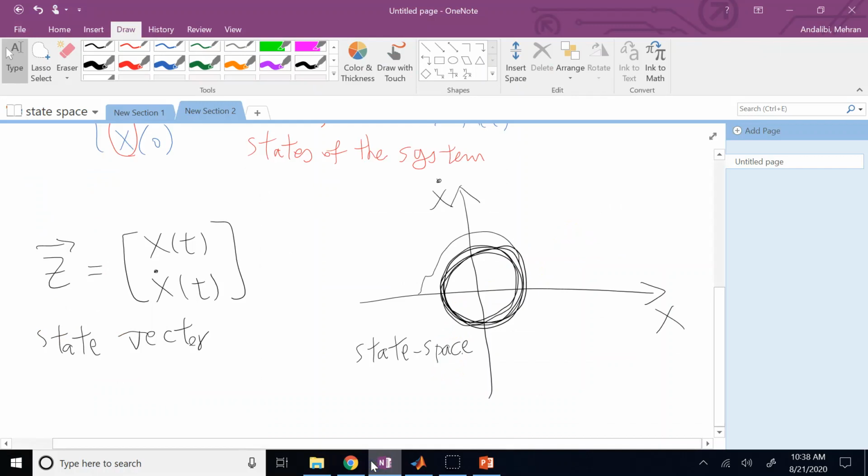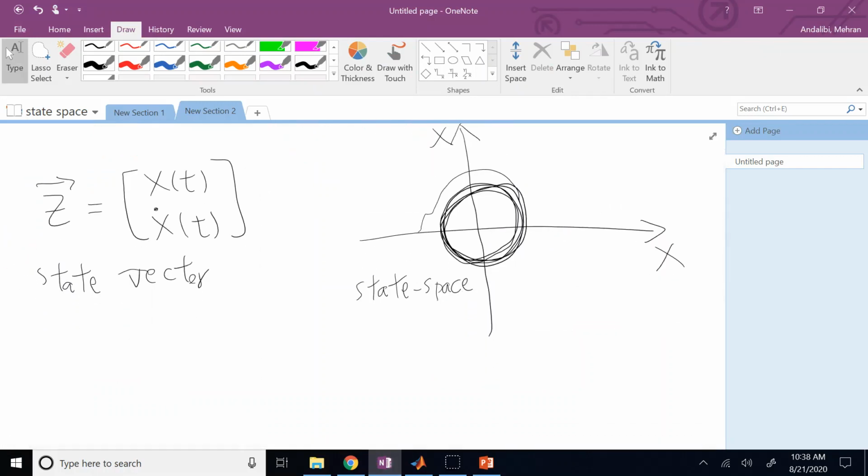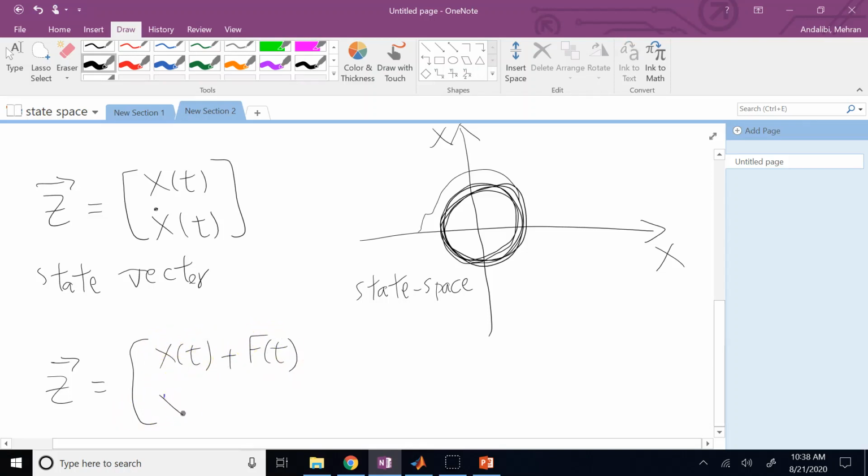So maybe some person comes and defines some new variables like z to be something like, and we'll see, we might need to do that, x of t plus a1 times f, where f is the input, and then the second one is something like x dot of t plus another number a2 times f dot of t. Okay, so I'm adding position and force together.